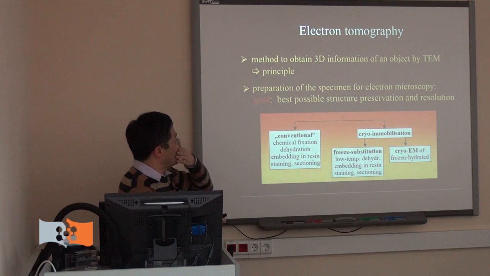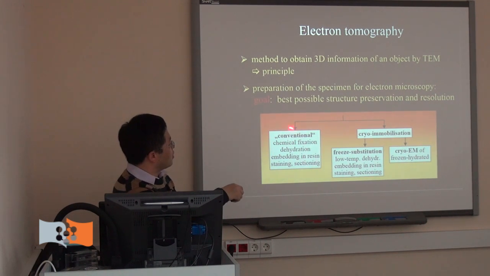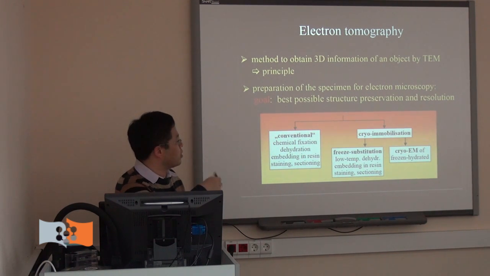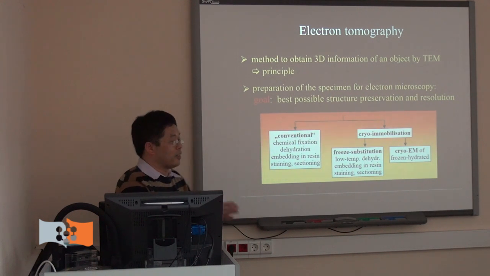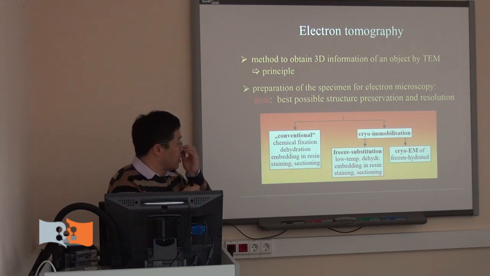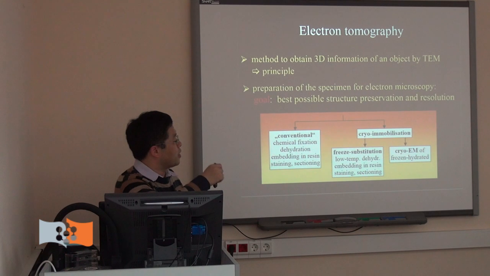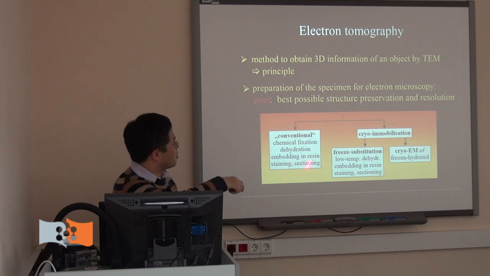Conventionally, in the typical EM lab, we use chemical fixation, dehydration, embed the sample into plastic, and cut it into a very thin layer of the plastic. Then you stain it. This is what we call the conventional method.